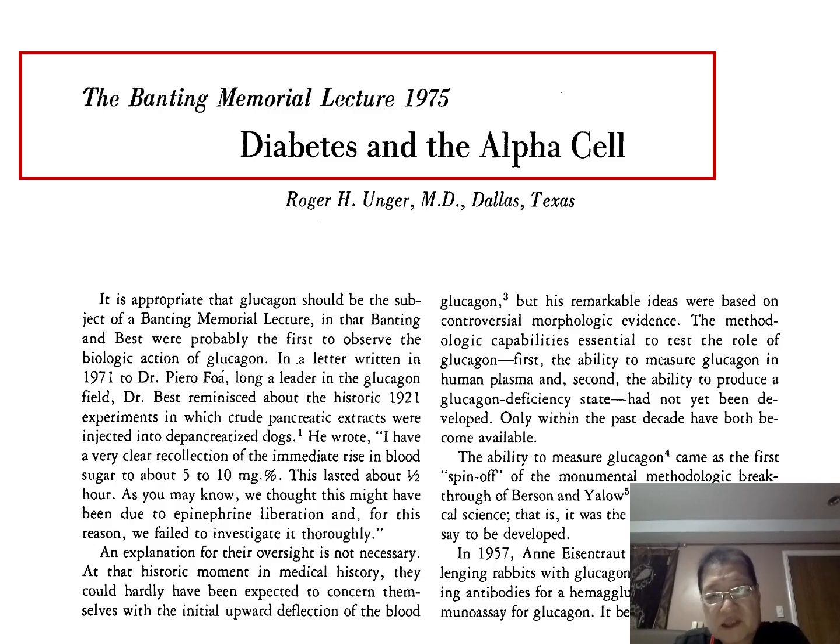Clearly, the vast majority of clinicians and scientists continued to believe that insulin did it all and that glucagon had at most a relatively minor role.